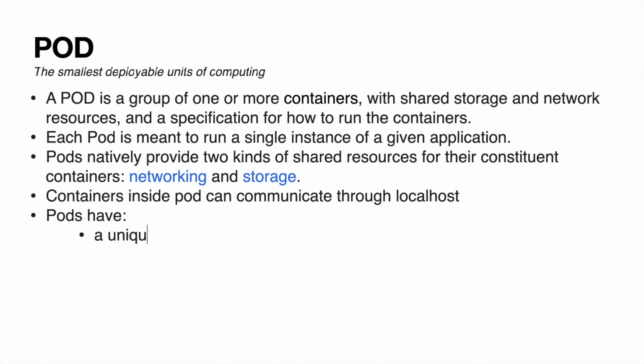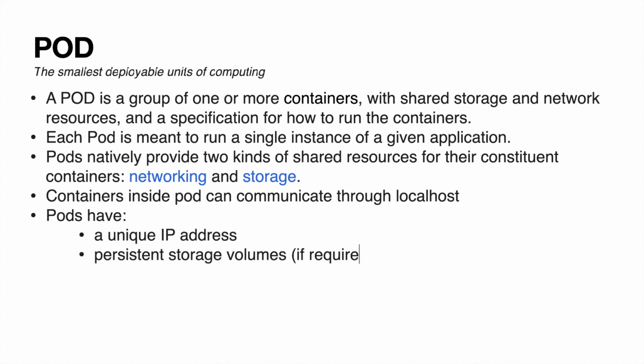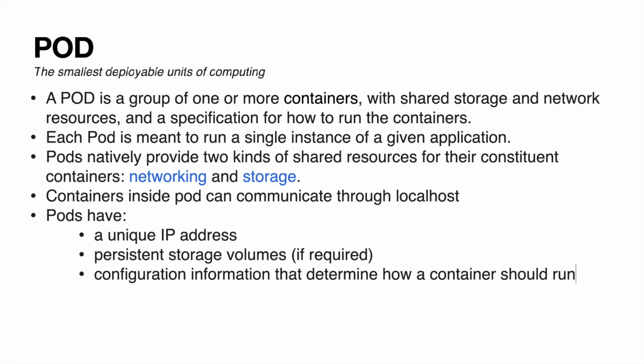So what pods have, right? One is a unique IP address, then persistent storage volume. As persistent storage volume is optional, but we can associate that with pod. Then configuration information that determine how a container should run. So what image you want to use for the container, that you can specify when you are specifying pod specs, right?